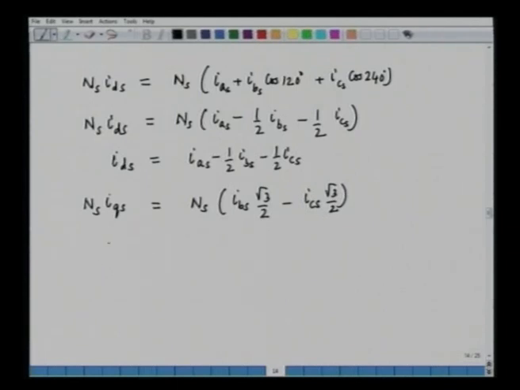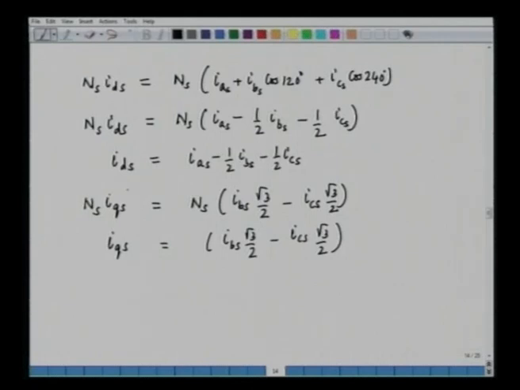NS and NS will cancel. We can say that IQS equals IBS root 3 by 2 minus ICS root 3 by 2. So, this is actually the stator transformation. It means we are able to transform the currents ABC into DQ currents of the DQ machine.